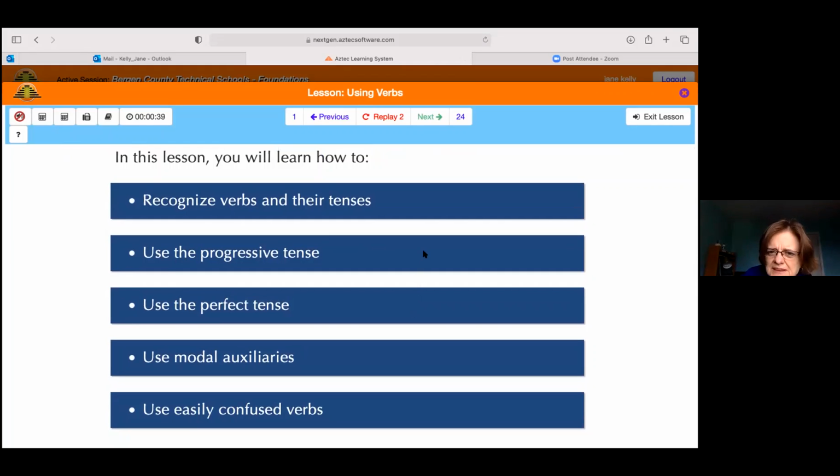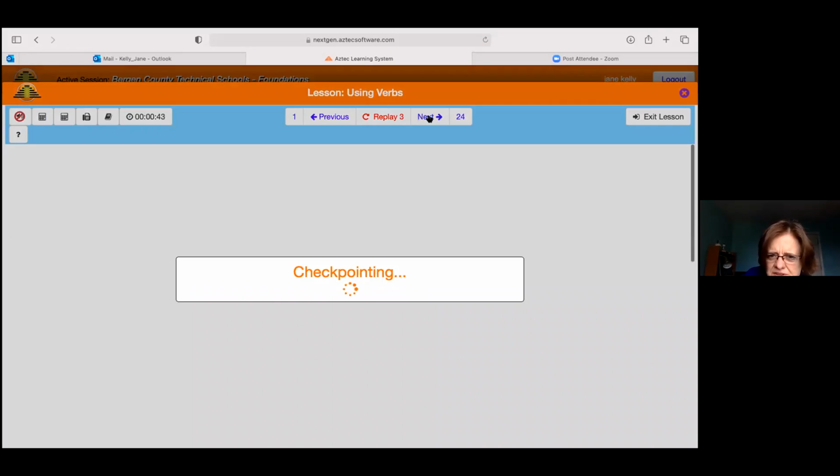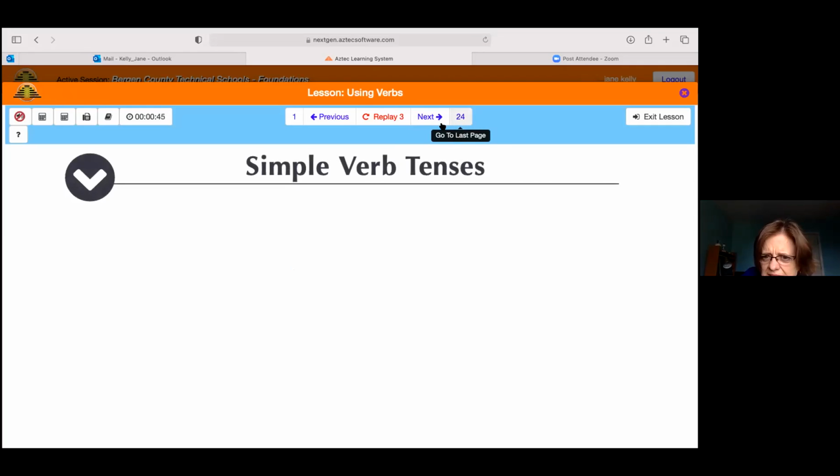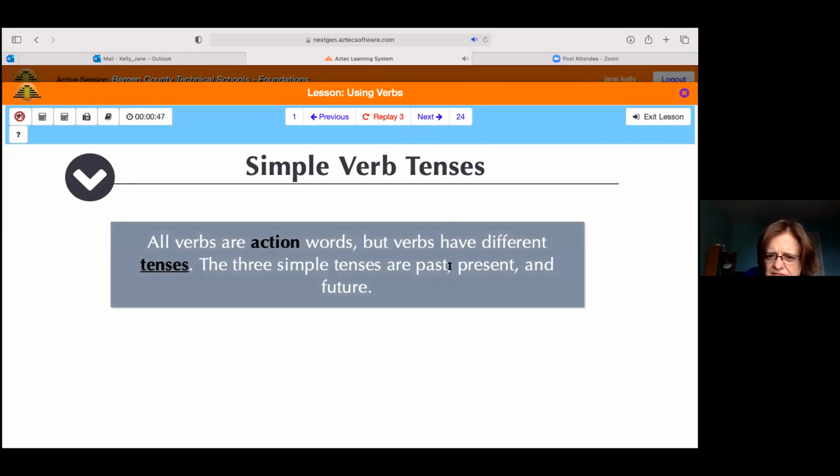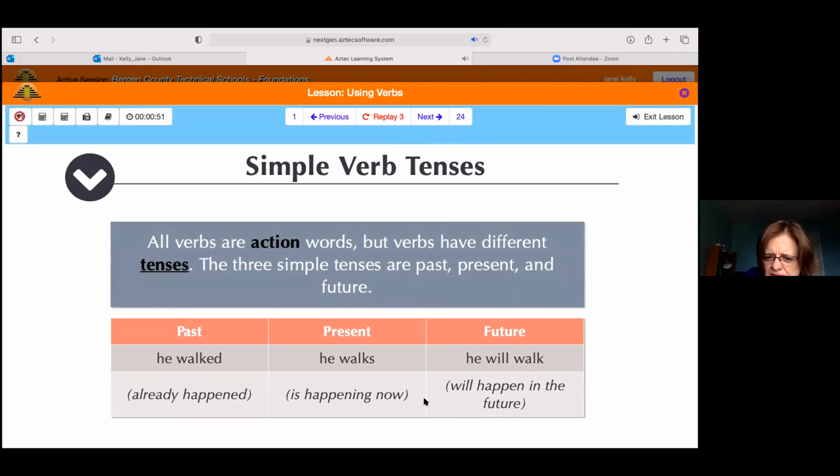This could be useful to you. The lessons are quite short, especially at the lower level. This one is only 24 slides, but some of the upper ones are like 50 slides. You could give it to a student to do, you could sit with a student and do it, or you could show it to a group of students.